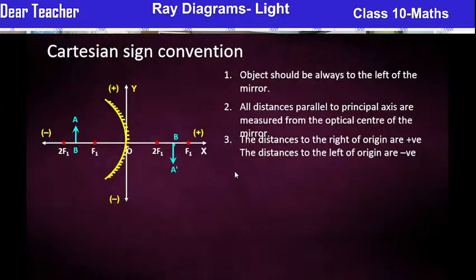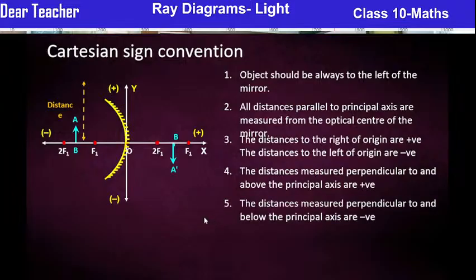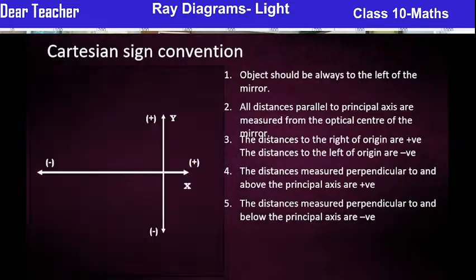So distances to the right of the origin are positive, and to the left of the origin are negative. Heights measured perpendicular above the x-axis are positive, and below are always negative. The x-axis is nothing but the principal axis. These are the points you should always remember.